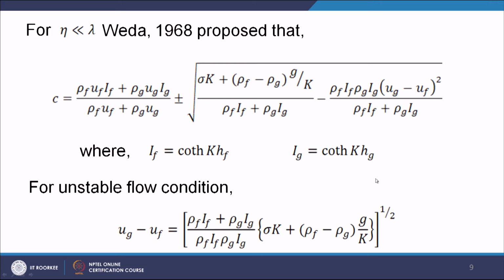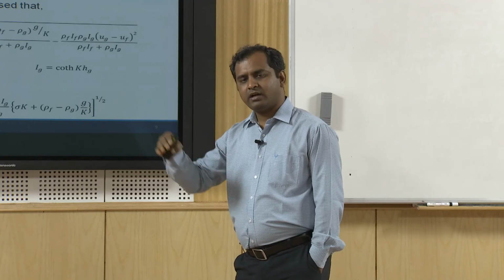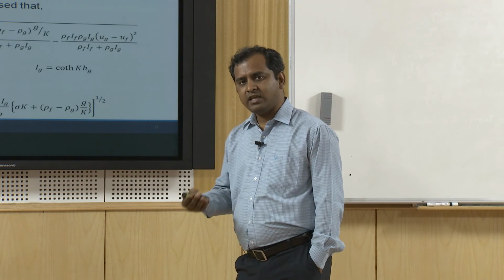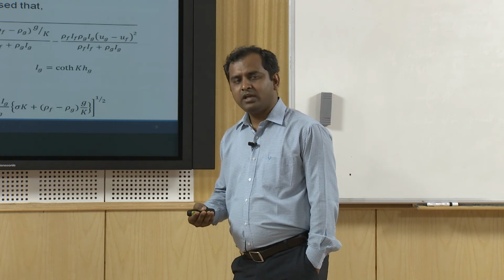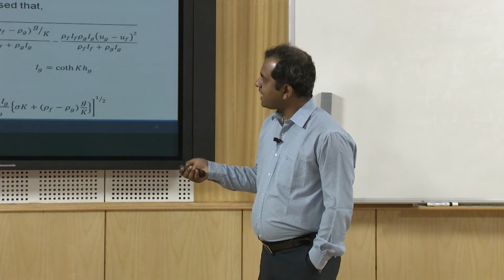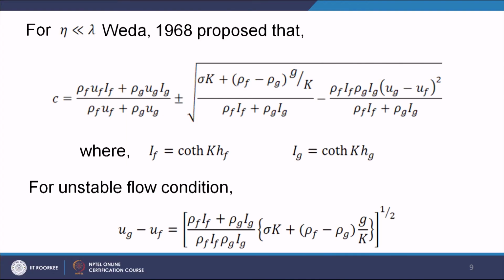Now, first let us find out the unstable flow condition. Unstable flow condition means the wave we are imposing on the stratified flow is very unstable, so there will be a chaotic situation inside the pipeline. To check that, we find the unstable flow condition. For unstable flow, the wave velocity will definitely become imaginary.